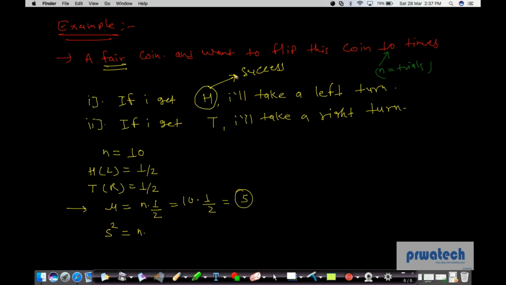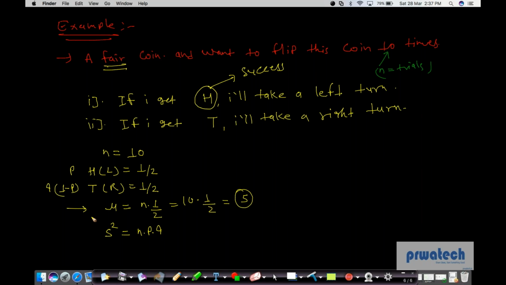So let me say this success I'll call p, and this not success I'll call 1 minus p. In a notebook, or if you see this formula on Wikipedia, this 1 minus p is written as q. So if you see q, consider it as not success, just the opposite of the event, and p is your actual event which you're looking for. So S square is equal to n into p into q.